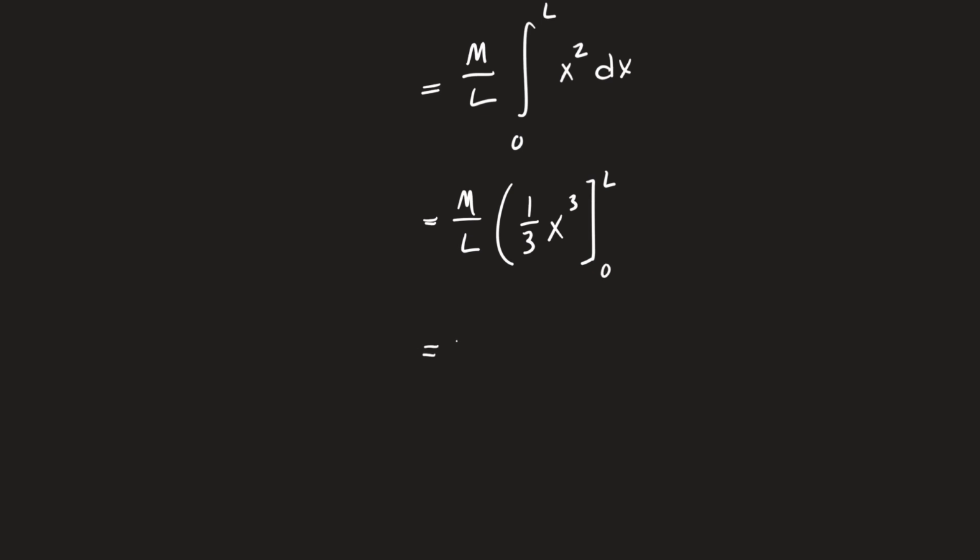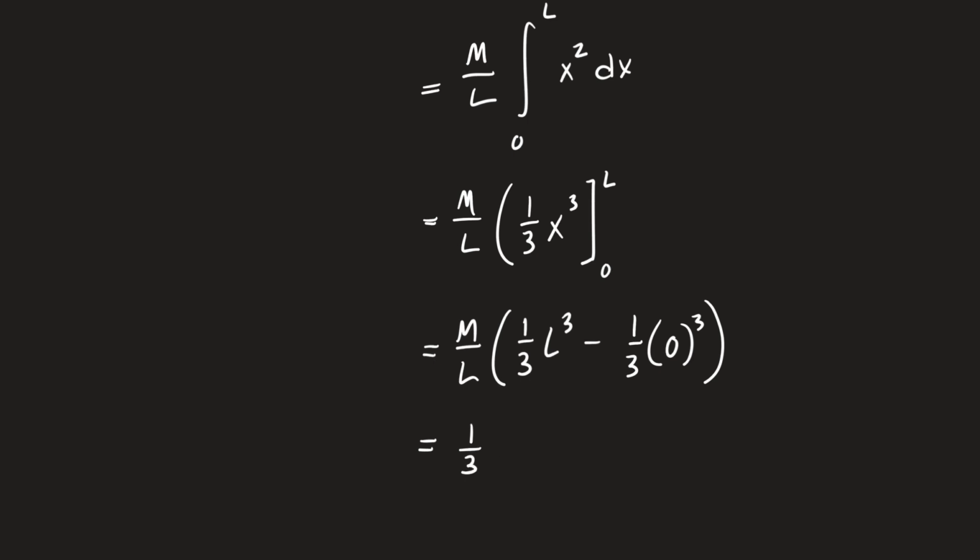That simply means putting in the upper boundary for x, subtracting and putting in the lower boundary for x. So putting in your limits, you put in the upper boundary for x, and you put in the lower boundary for x. And we're done. Simplify now. I'm going to notice that there's an L cubed in the numerator and an L in the denominator, so I can clean that up. And I'll get 1/3 ml squared.